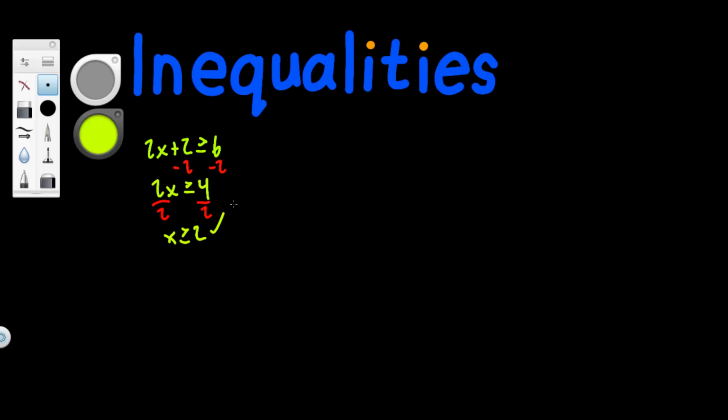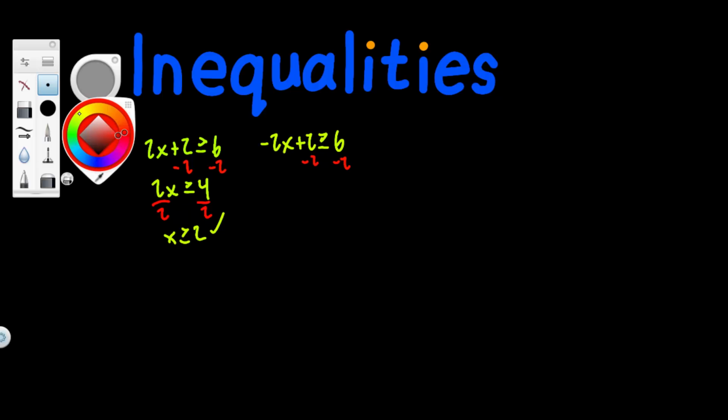All right, but what happens if we have a negative in here? Negative 2x plus 2 is greater than or equal to 6. We're going to start off with the same steps. Isolate the constant away from x, and we end up with negative 2x is greater than or equal to 4.